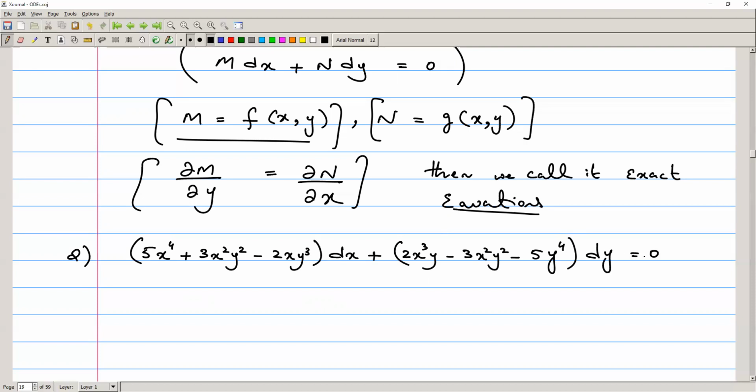First of all, we need to check whether the equation is exact or not, right?